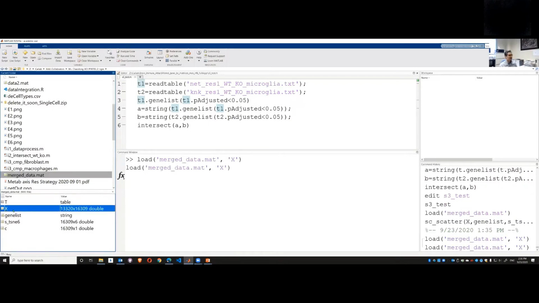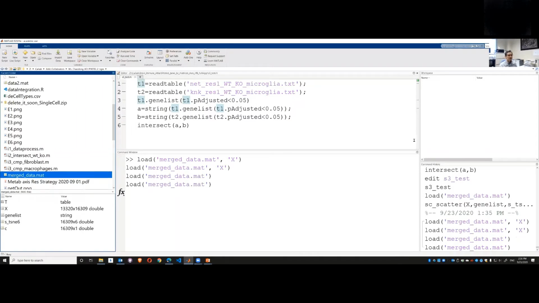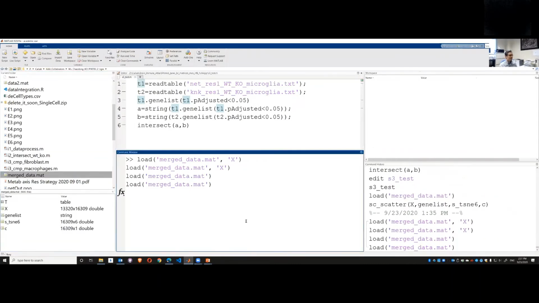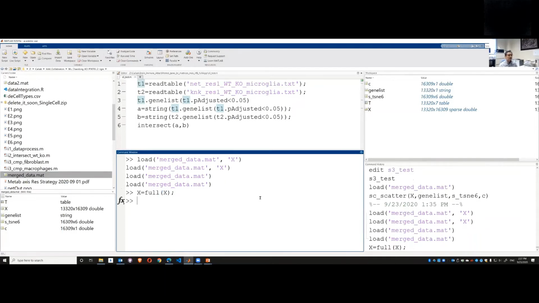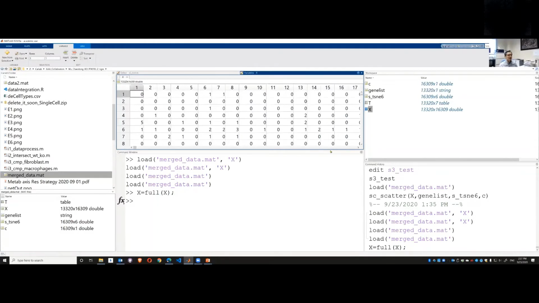So big X. I load this data in my computer, and you start to see this big matrix. This big matrix contains over 13,320 rows.